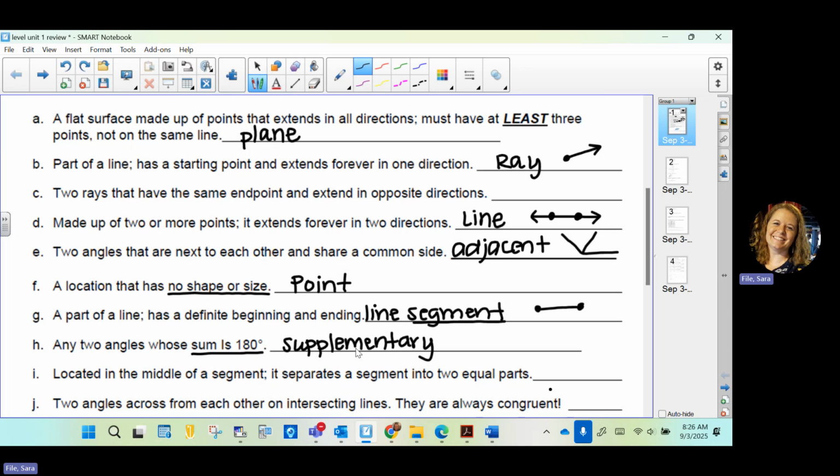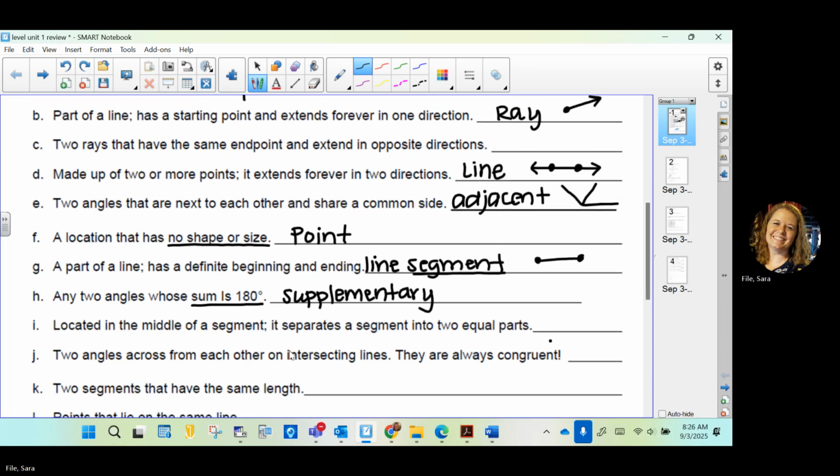We said, if you take supplements, like for your health, your health will do a 180. Take supplement. Located in the middle of a segment, it separates the segment into two equal parts. It's in the middle. It is the midpoint.